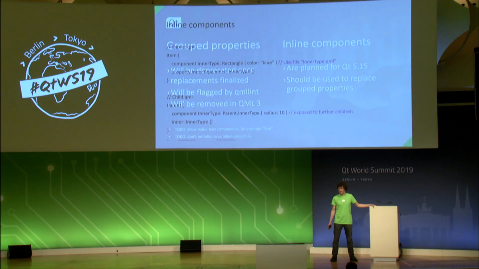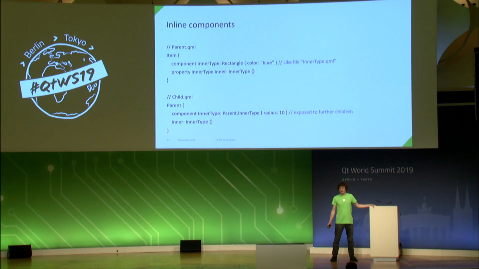So if you go here, you don't want to initialize the inner type of parent at all. You want to go straight to this thing here. Right now, the QML engine doesn't do that. It would create both.